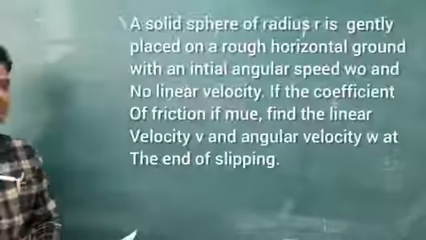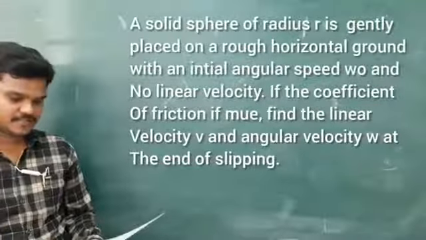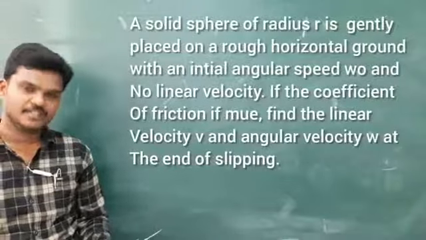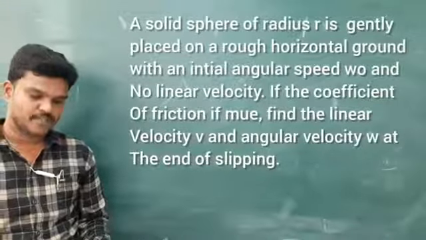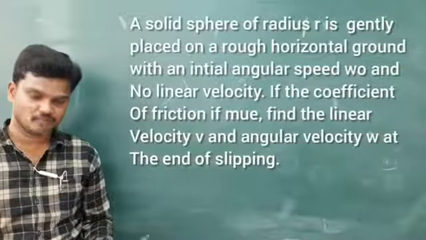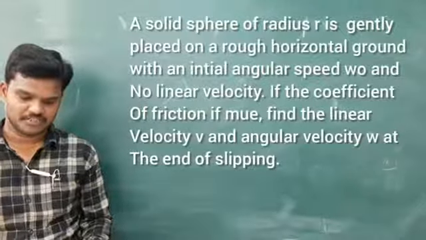So actually this is related to some rolling motion, but anyhow, no problem. So by using conservation of momentum, we can solve this. A solid sphere of radius r is gently placed on a rough horizontal ground with an initial angular speed omega naught and no linear velocity.